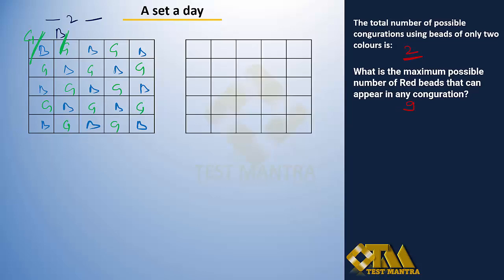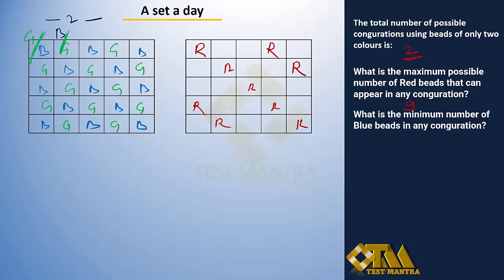Or else let's try to identify. I have used red here, red, red, red, red, then again red was here, red was here, red was supposed to be at this point, and red was supposed to be at this point, right? This we have already identified. And then the next one, what is the minimum number of blue beads in any configuration? That also we have identified. There were 6. So what was the condition in that?